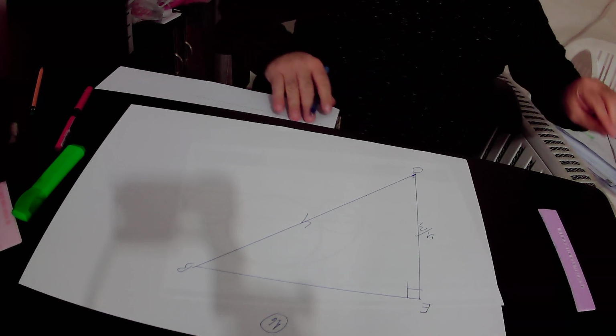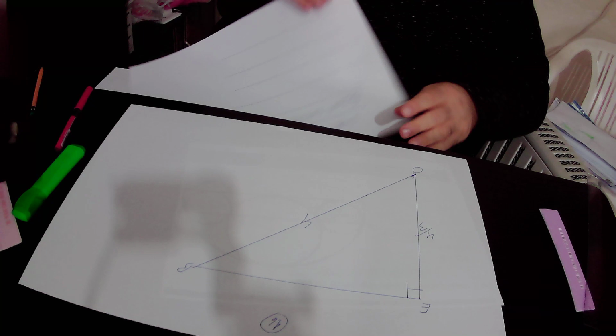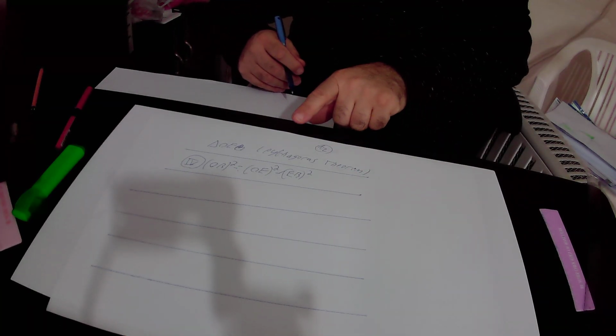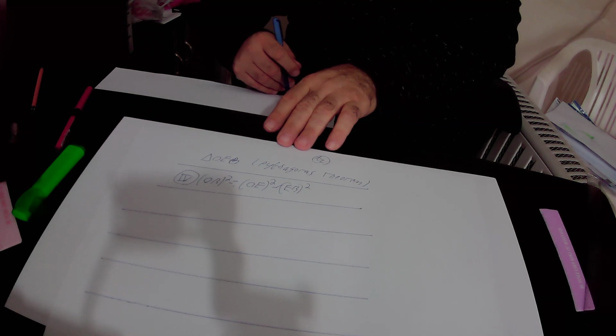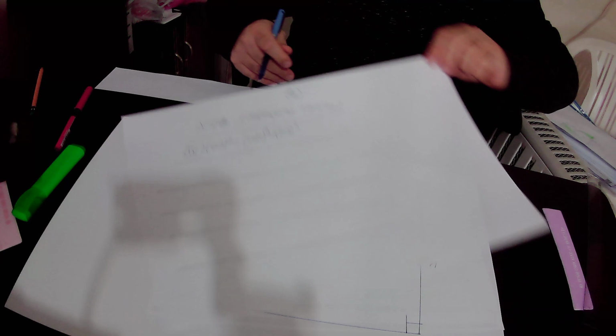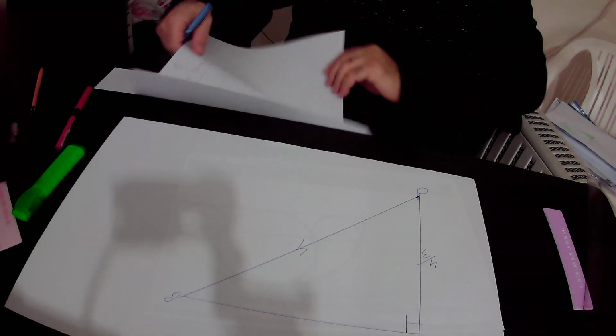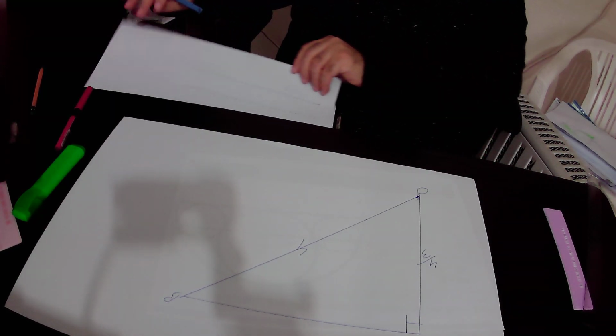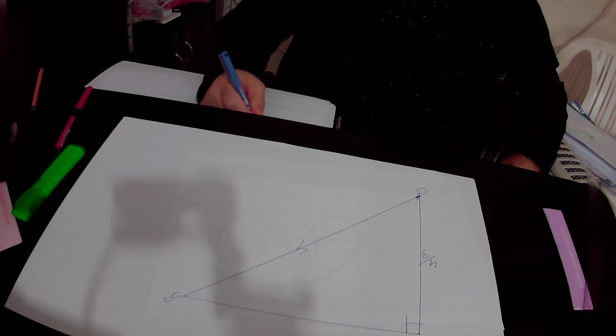So I will repeat again. In the right triangle OEB, according to the Pythagoras theorem, OB squared equals OE squared plus EB squared. We know that OB equals 4 units, so OB squared is 4 squared, which is 16.